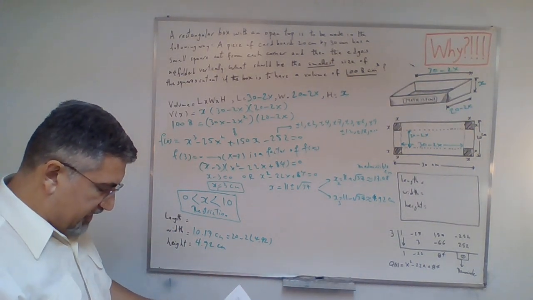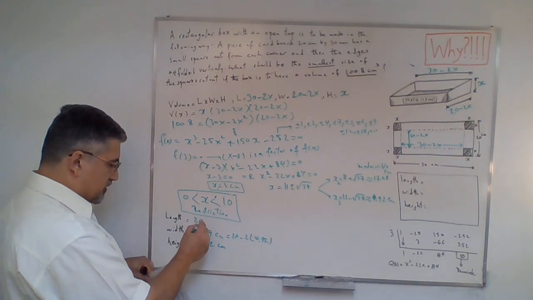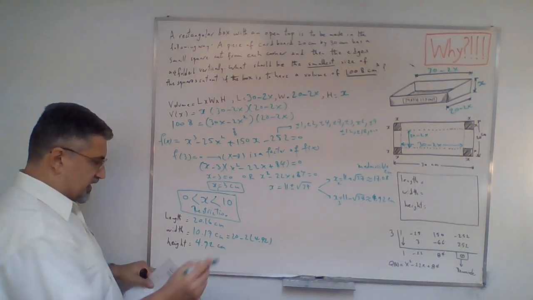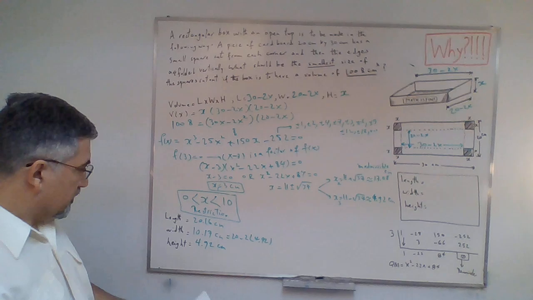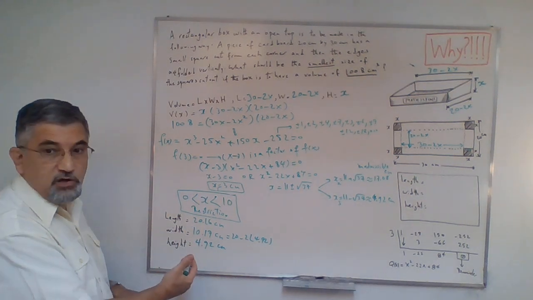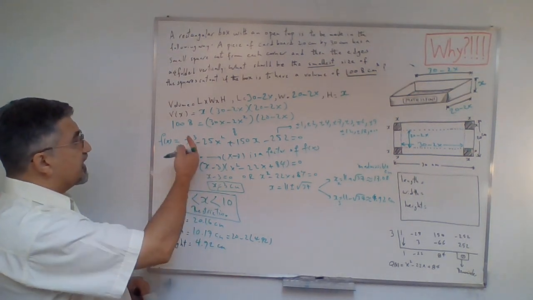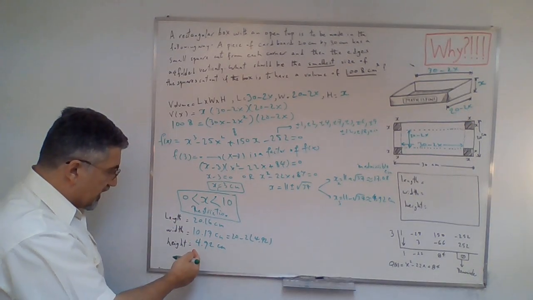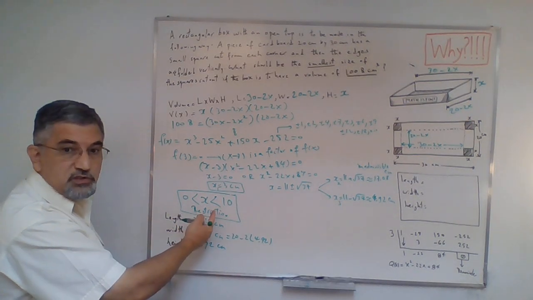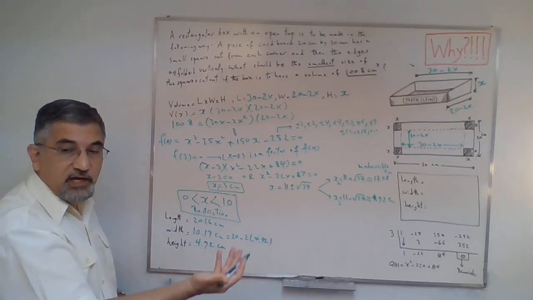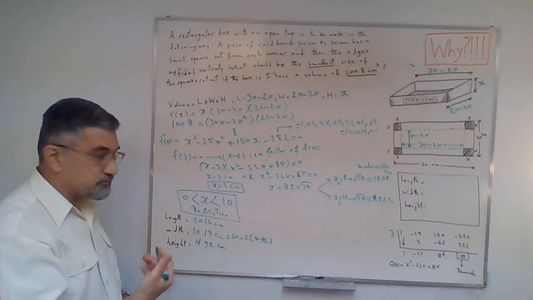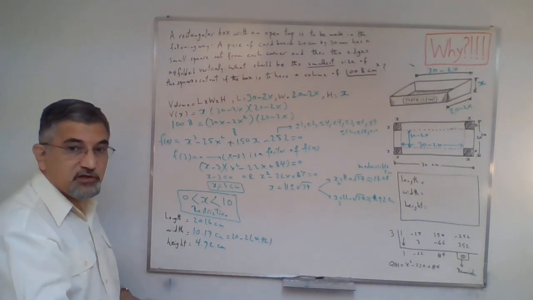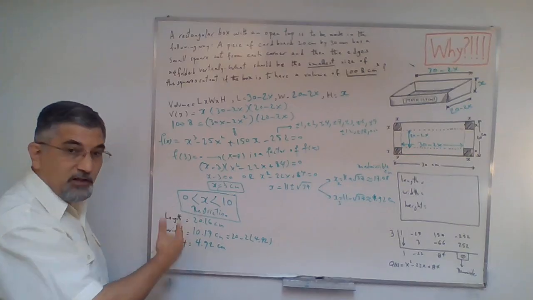And the length would be 20.16 centimeters as per my calculator. So these would be the dimensions of that box, which would have the same volume of 1008, okay? And the height, of course, is within 0 and 10, and it satisfies the restriction. And it is possible to have such a box with this height.